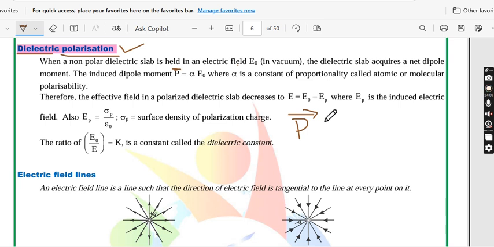For linear isotropic dielectrics, P bar is equal to chi, or we can also write it as chi e, the electric susceptibility constant, into the electric field.